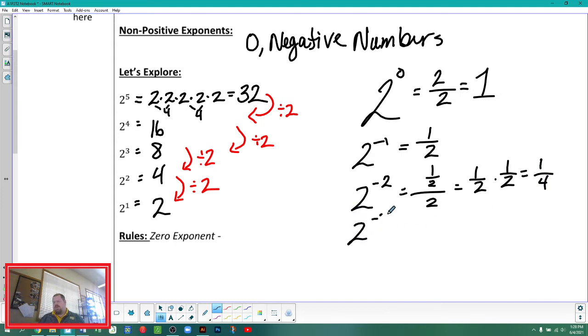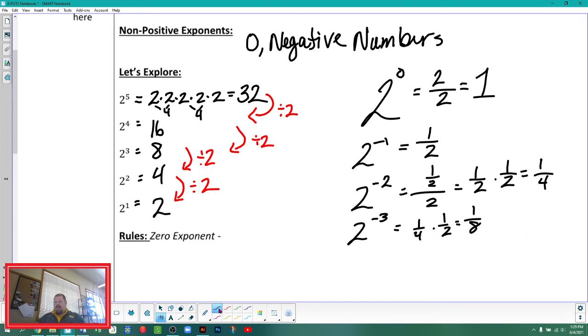And then 2 to the negative 3rd power would be 1/4 divided by 2, or 1/4 times 1/2, and 4 times 2 is 8.